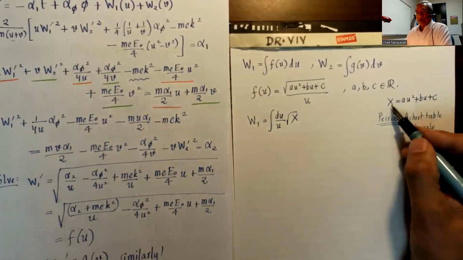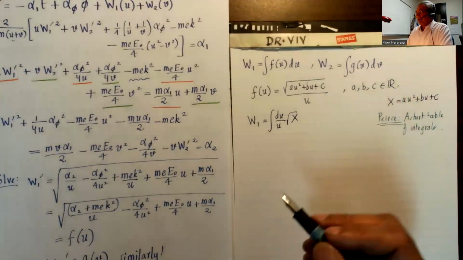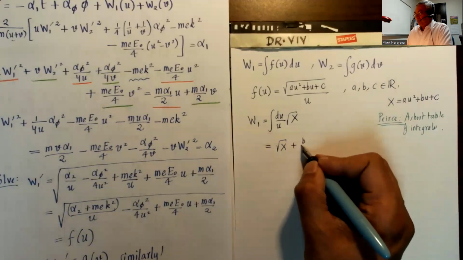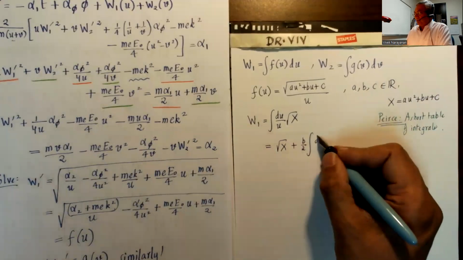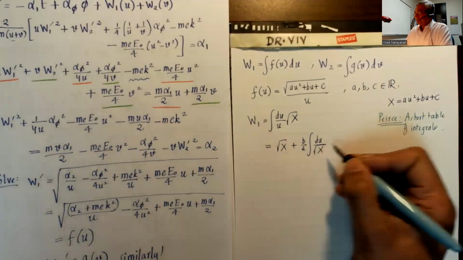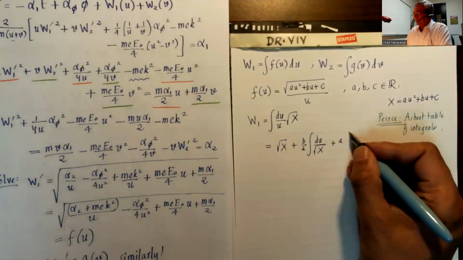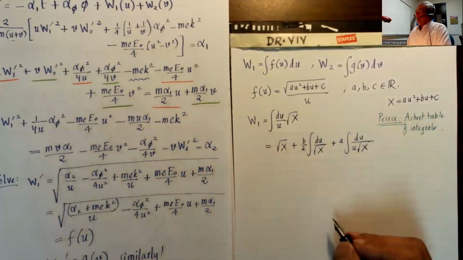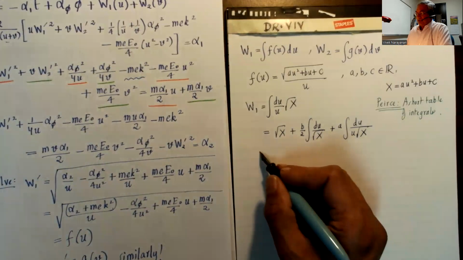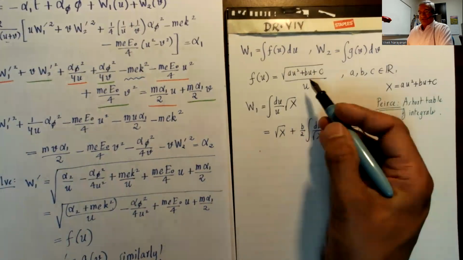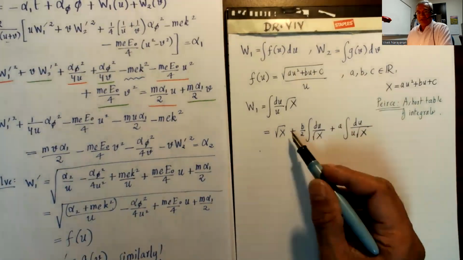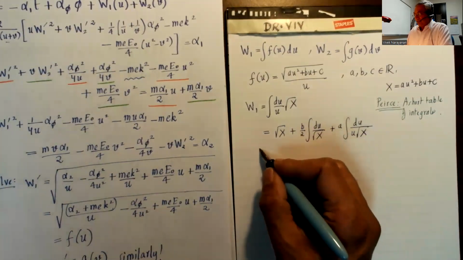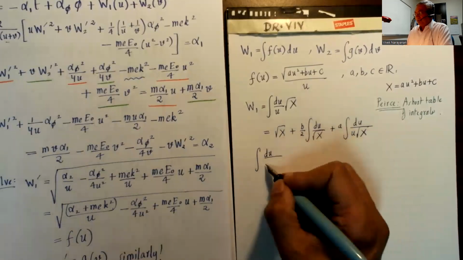So since my X is equal to that, the square root of X is that, and according to Peirce, this is just the square root of X plus b over 2, the integral du by root X, plus a integral du over u root X. This part is not according to Peirce, this is according to common sense. And then each of these integrals can be looked up in Peirce.